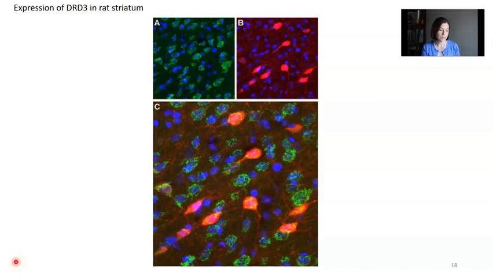And we can tell that dopamine type 3 receptor is actually only localized to some of the neurons in this region. The green labeling is for the protein that makes the dopamine receptor, and the blue labeling is for neurons. So you can see there's only overlap between some of those neurons.